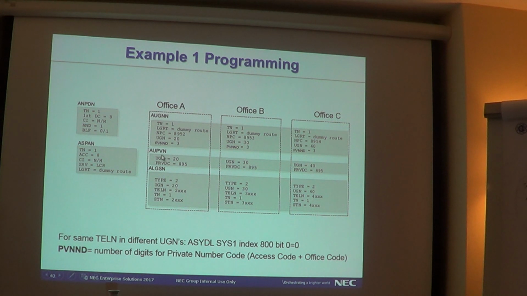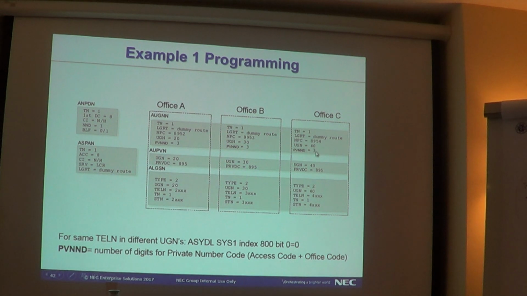Here we define the leading private number for each and every user group. We say 2, 3, 5, 4 for example, and we make a relation between the user group and the leading digit.